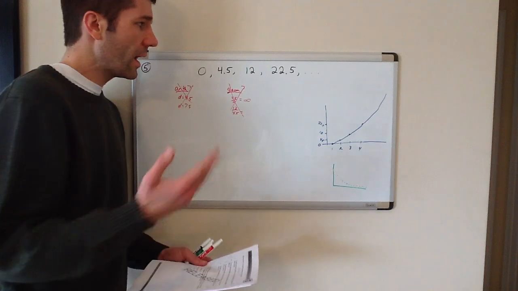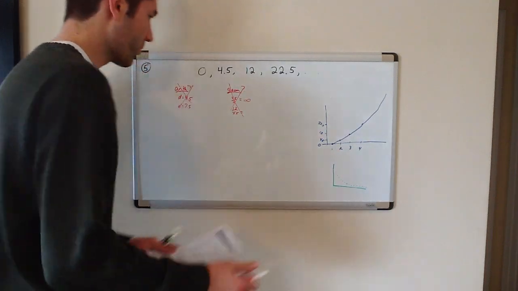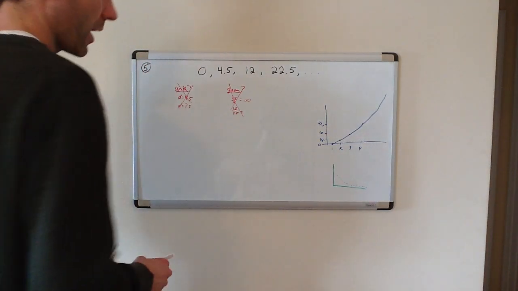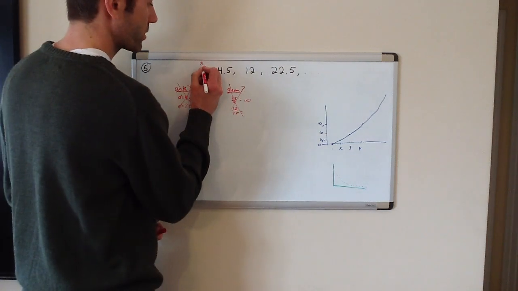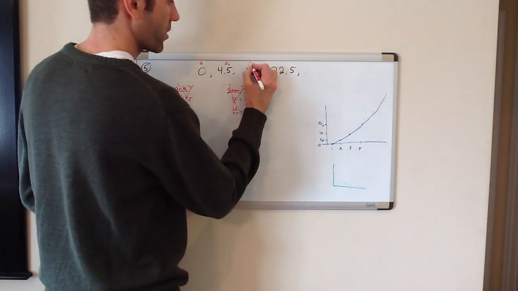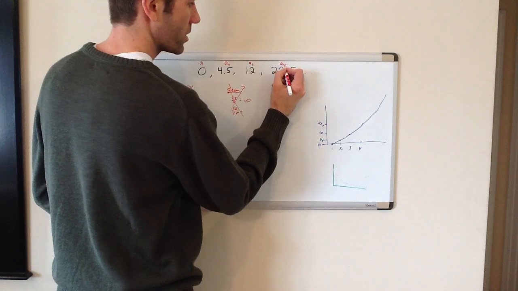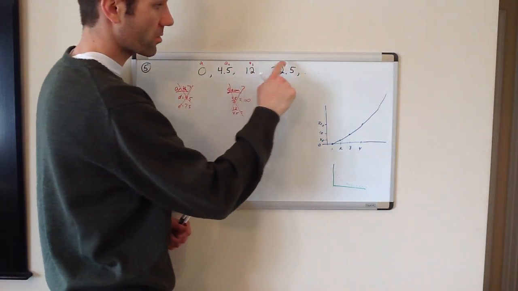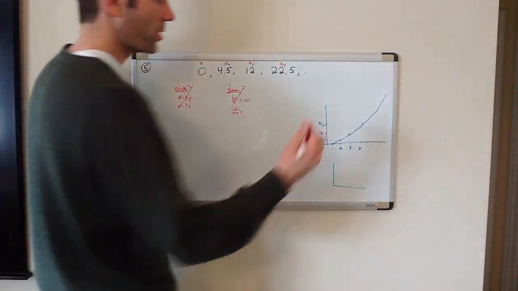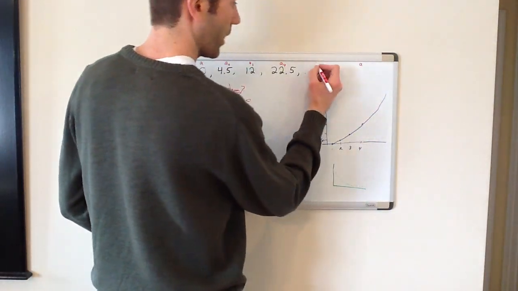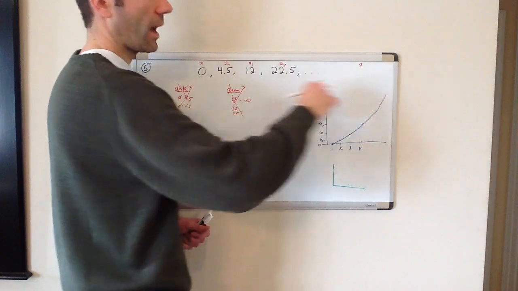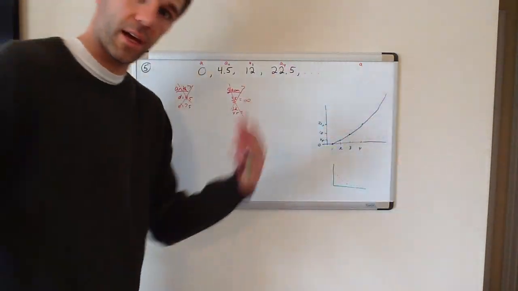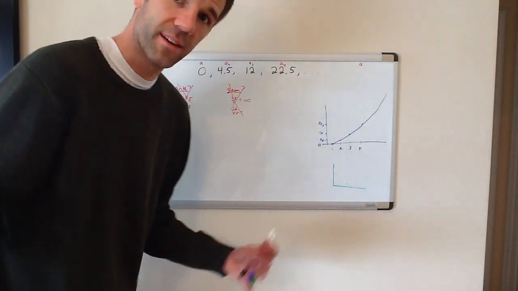Well, what's n? N is the term number. If we started at A0, they started at A1 just because they feel like it. I prefer A0. It's really a matter of preference. But that's n. N is 1, n is 2, n is 3, n is 4. And as n approaches infinity, A5, A6, A7, A8, A trillion, A zillion, A billion, A national debt.